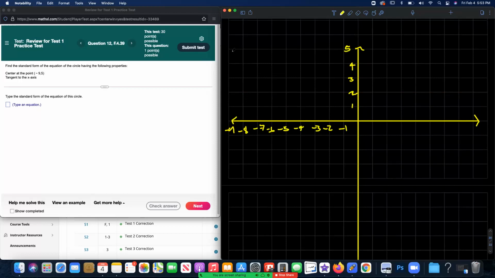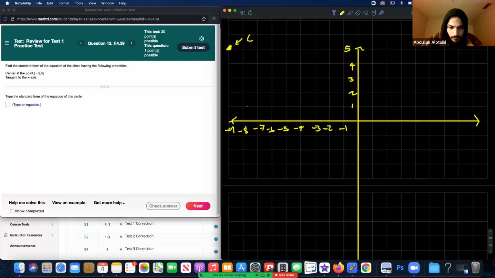Okay, so it's right here. This point right here. That's your center. Now you can imagine this is a really, really big circle because what we're told is it's tangent to the x-axis.